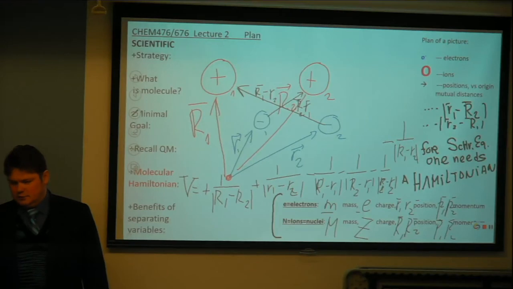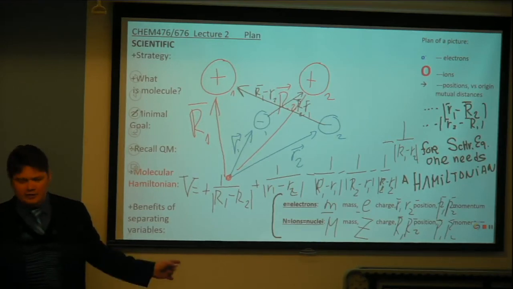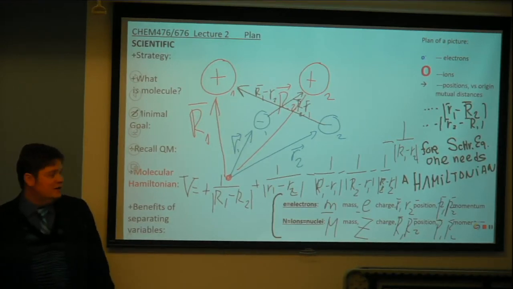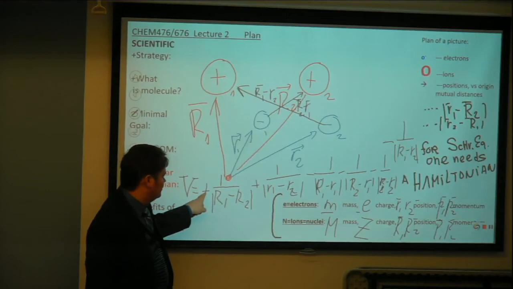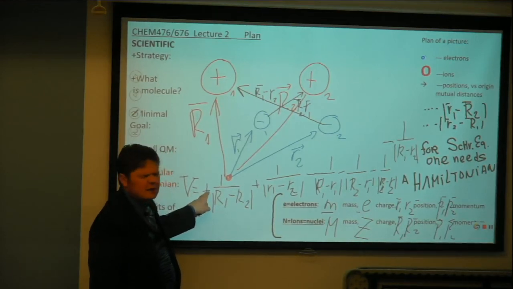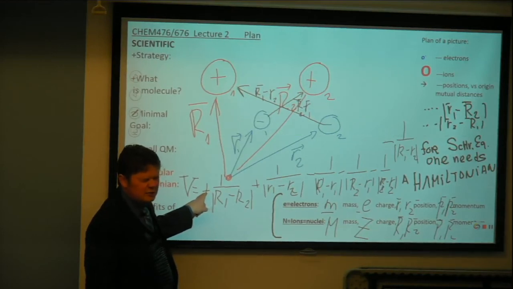Six terms. We are not going to rewrite it. It was already written. We just take pairwise nucleus 1 minus nucleus 2, positive sign. And later on we will introduce the atomic system of units where the charge of the electron is 1 and the constant in front of Coulomb is also 1.